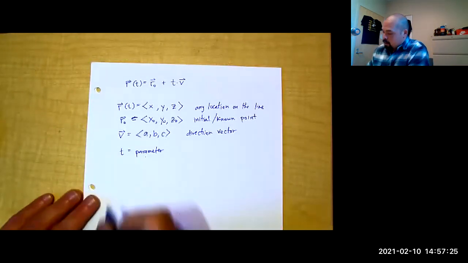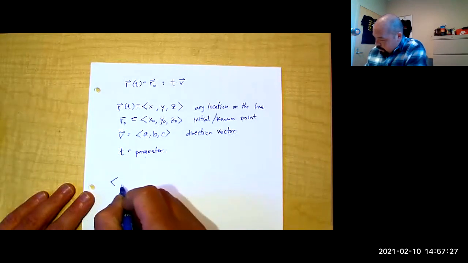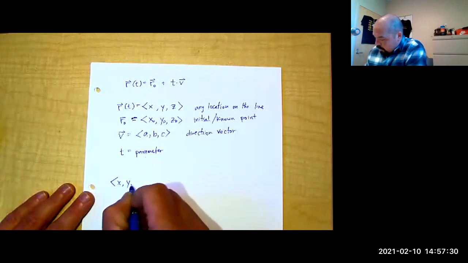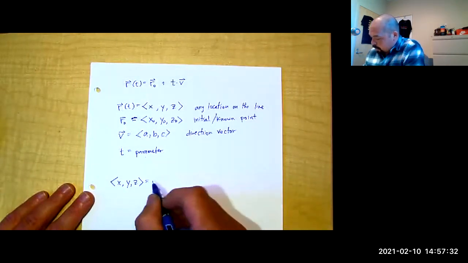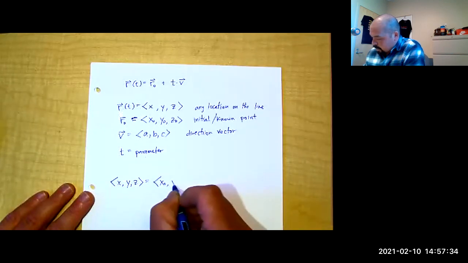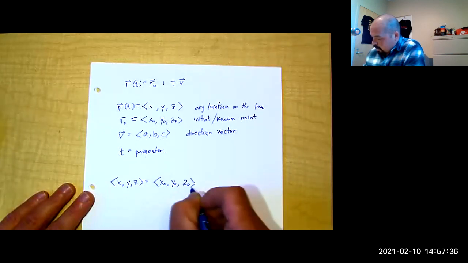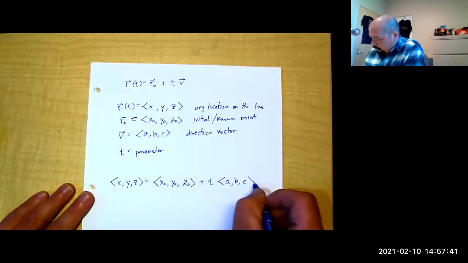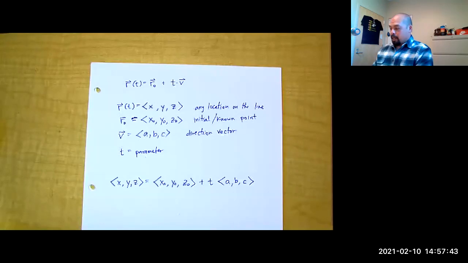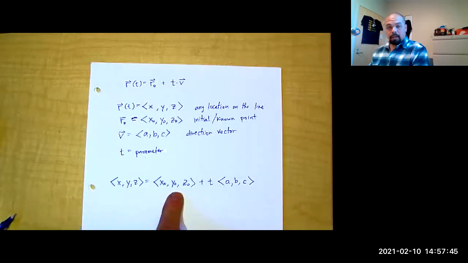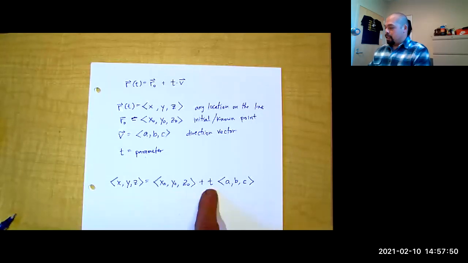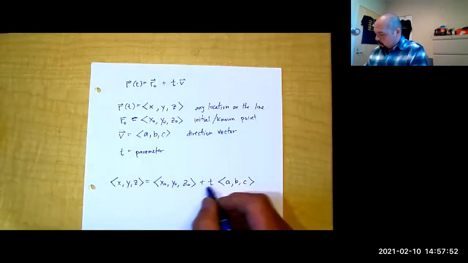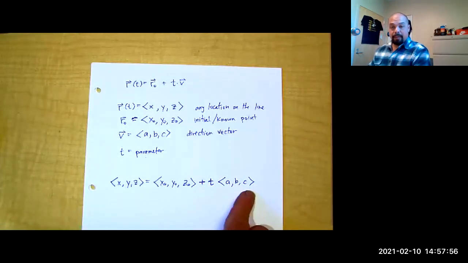And so in that vector form, we can start to expand. In this case, that x, y, z location is going to be equal to x naught, y naught, z naught plus t times a, b, c. There's my r sub 0, t times my direction vector v, a, b, c.